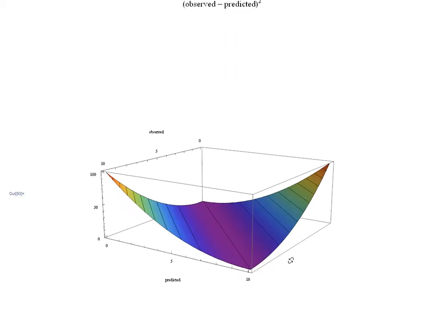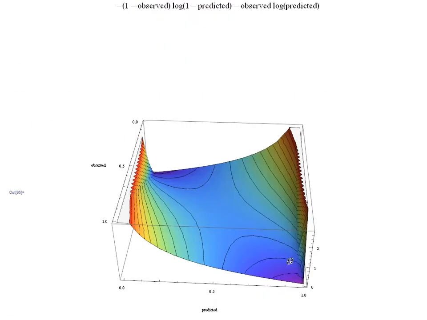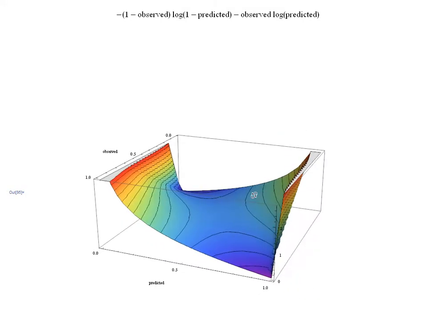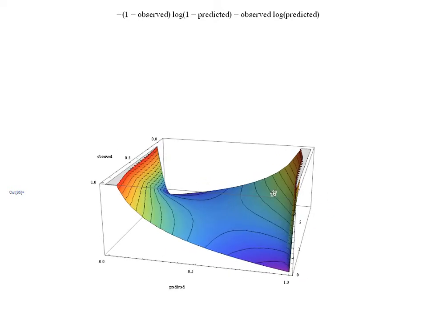Now, what has been suggested by Mark Glickman is a function more like this. This is an interesting function. It's basically a log likelihood function, and you can see here it has a completely different shape to it.